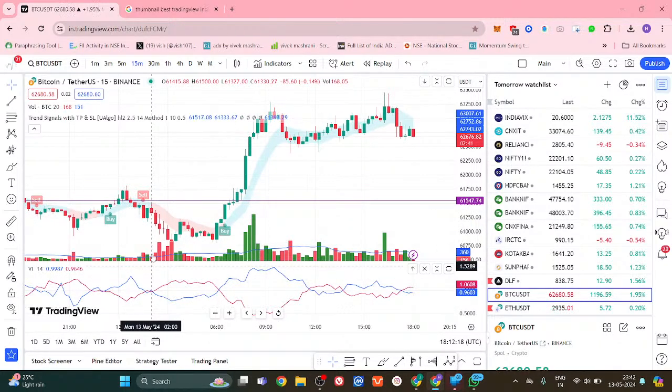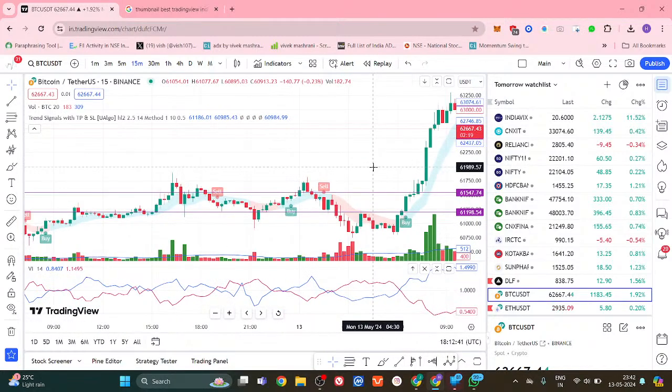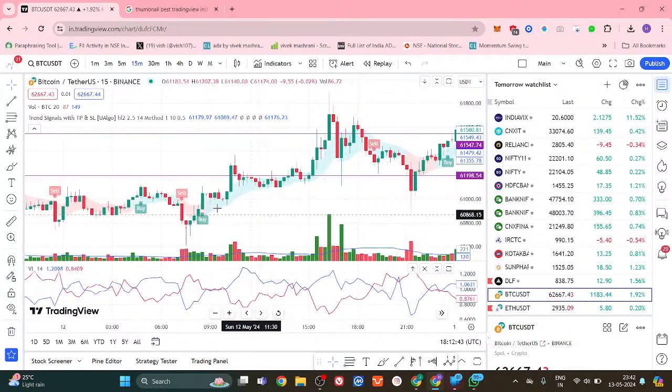Here, if you see, the blue has crossed downwards and a sell has been given. So yes, we can take it, provided it goes below this, and you can see how many points we could gain here. Here again, blue is above, so we can buy. So you can backtest this strategy.